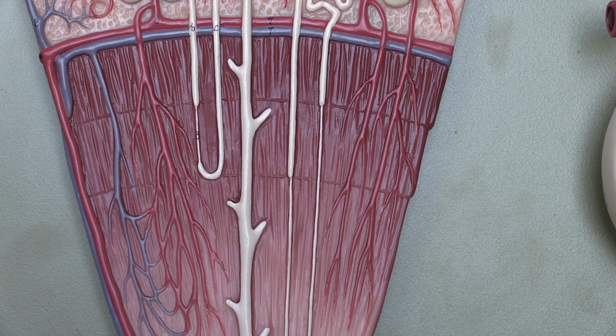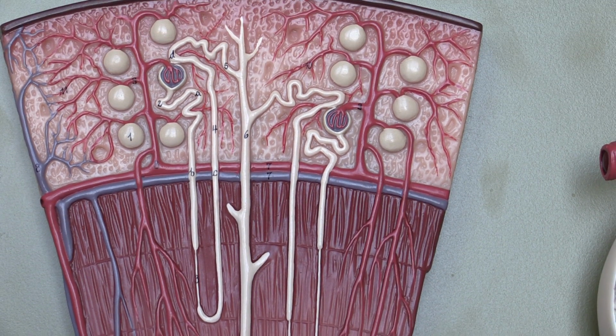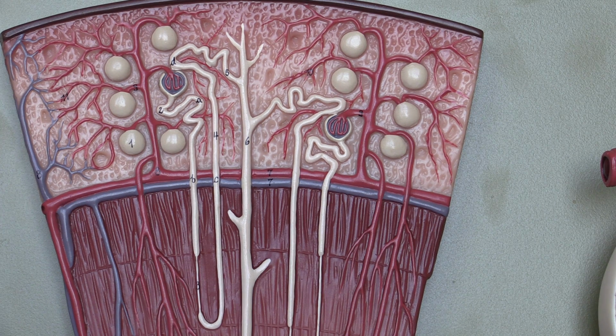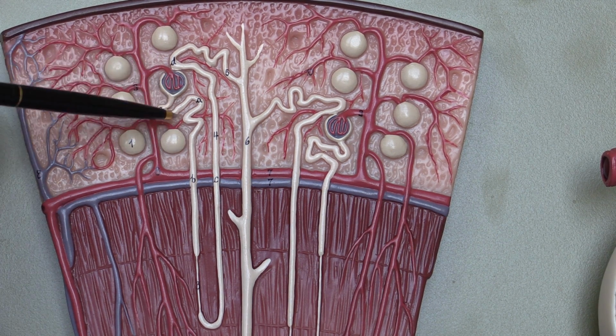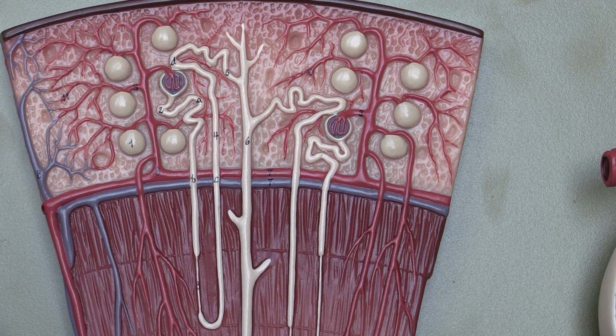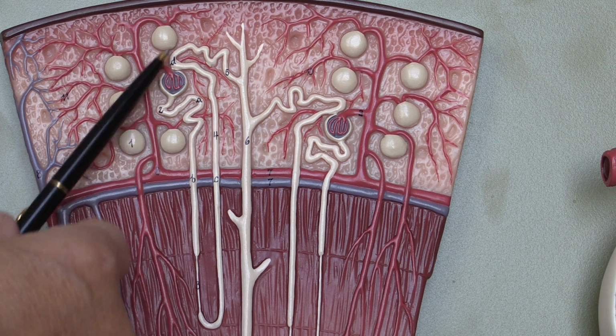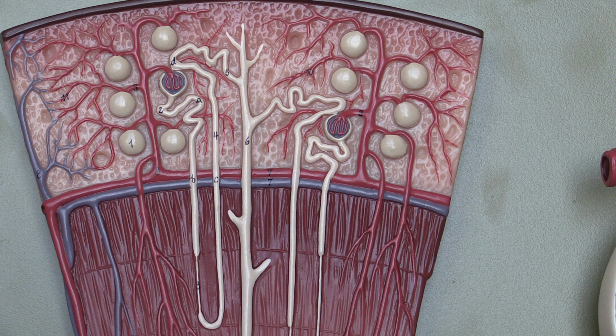So what's basically happening is everything is filtered on grounds of molecular size. Large things like blood cells shouldn't be filtered. Large structures such as protein shouldn't be filtered, but smaller molecules are. Then as the glomerular filtrate passes through the tubules, that which is required is reabsorbed at homeostatic levels. That which is not required is simply left in the filtrate, and of course that will become urine, which is going to be excreted from the body.